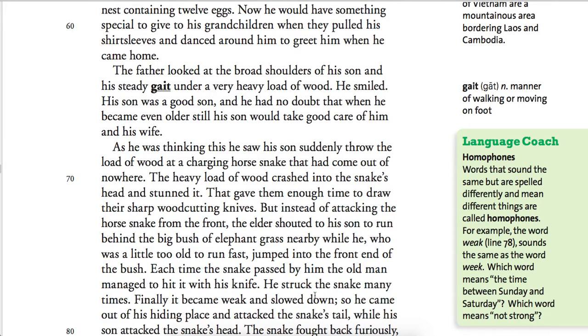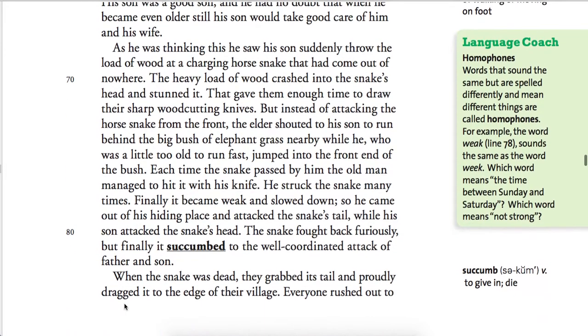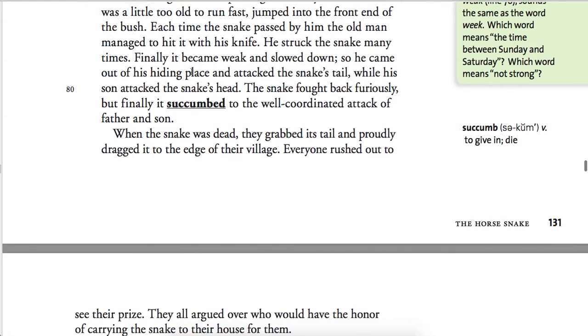He struck the snake many times. Finally, it became weak and slowed down. So he came out of his hiding place and attacked the snake's tail, while his son attacked the snake's head. The snake fought back furiously, but finally it succumbed to the well-coordinated attack of father and son.